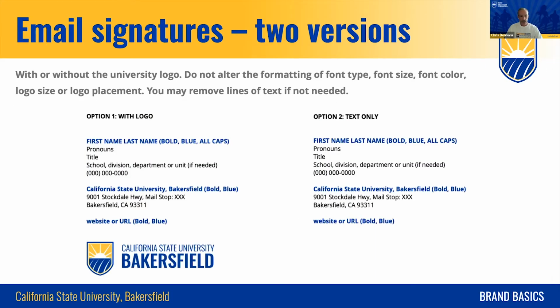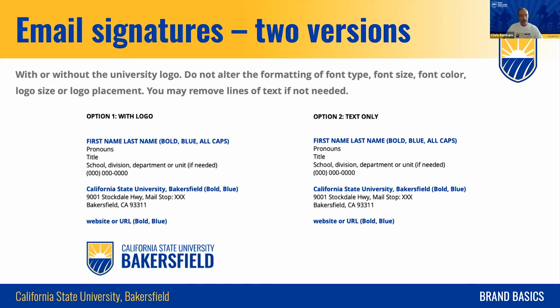Email signatures. There's two versions of this, also downloaded at the same spot on the brand website. We see a lot of requests. First of all, we'll ask that you don't alter these at all. We want you to use the same fonts and colors and format as what's presented here. You can choose not to use the logo if you'd like. That's totally fine.